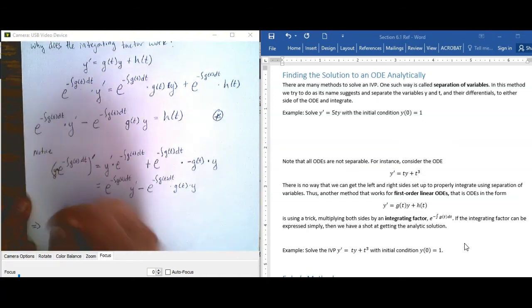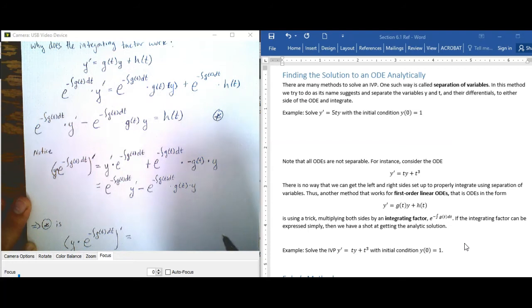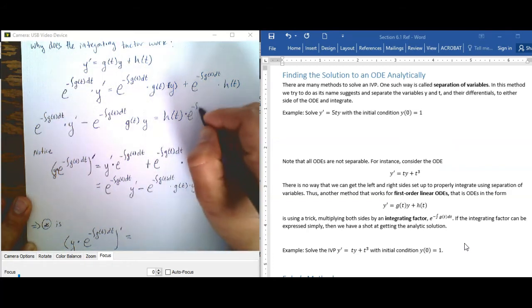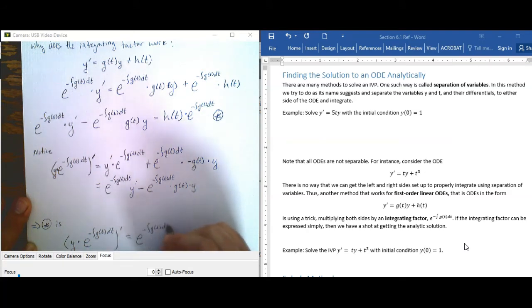So this implies that star is: y times the integrating factor, the derivative, is equal to e to the negative integral g of t dt times h of t. Okay.